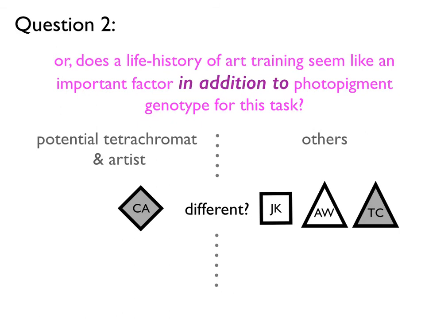Another way of asking this question is perhaps instead, life history of art training is an important factor in addition to photopigment genotype for this task, in which case the potential tetrachromat who is the artist would be differentiated from the others in the experiment. These are some of the questions that we looked at with the data observations among these 4 female participants. And here are their preliminary results.